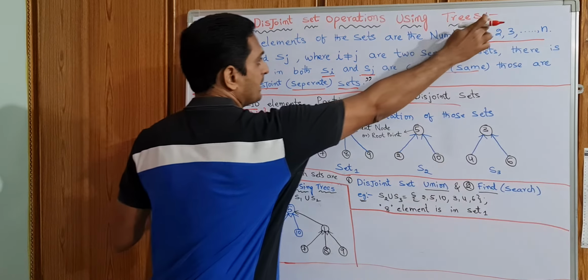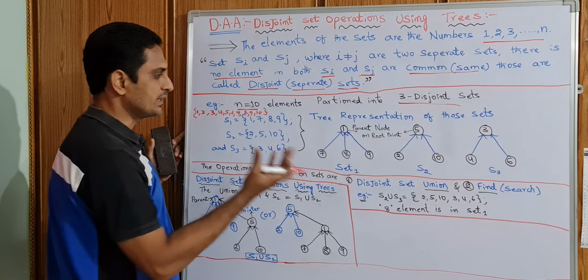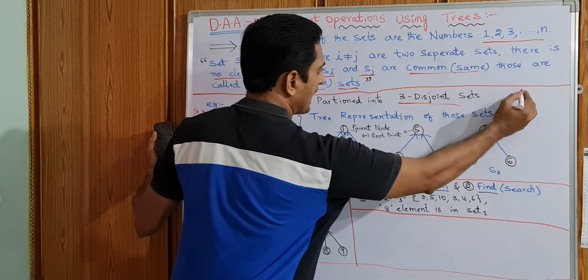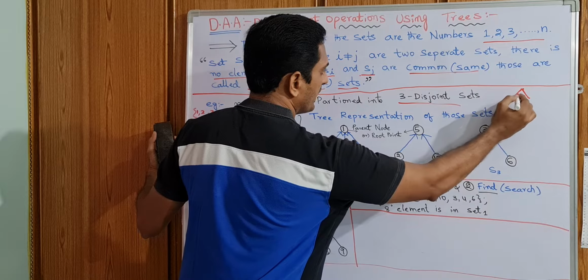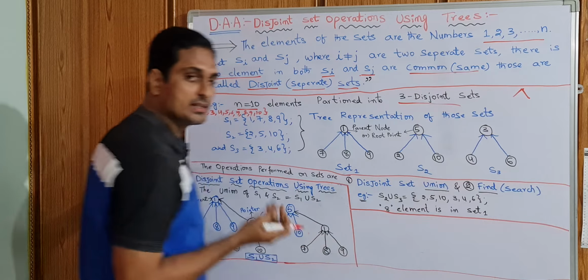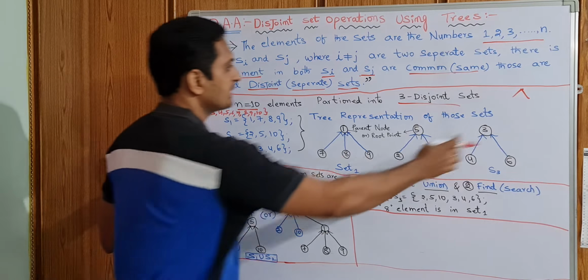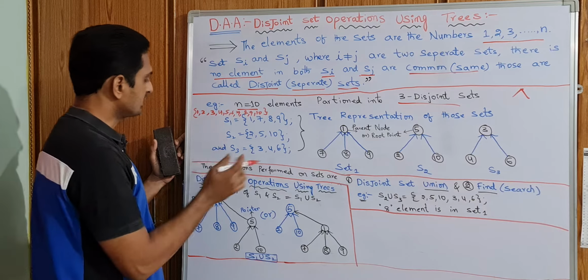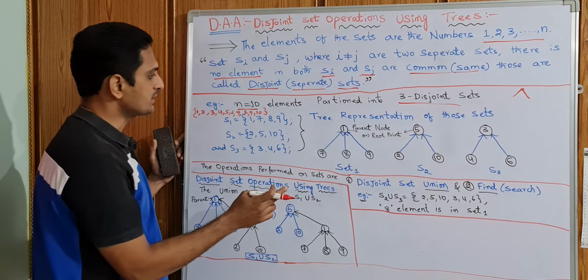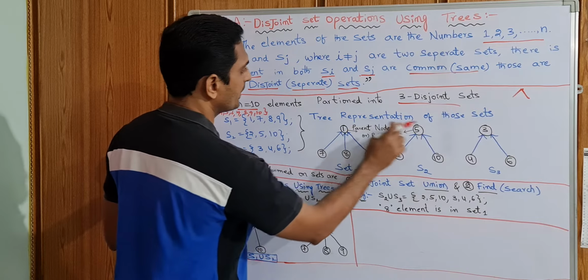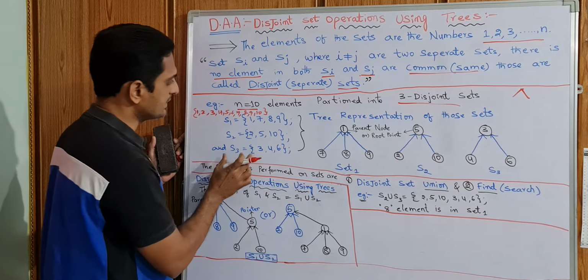What is tree representation? What is a tree? We have nodes and branches, like a root and its branches, and that representation is called a tree. For example, take the tree representation of these 3 sets.